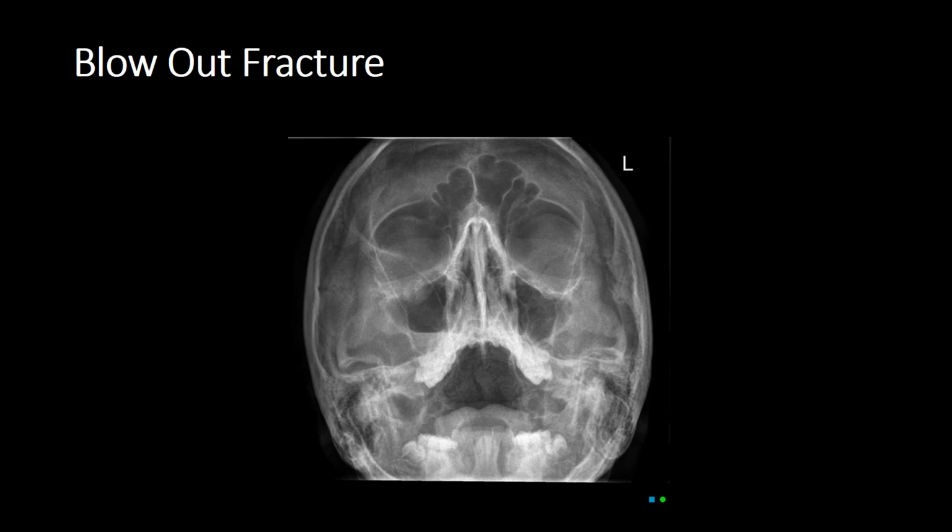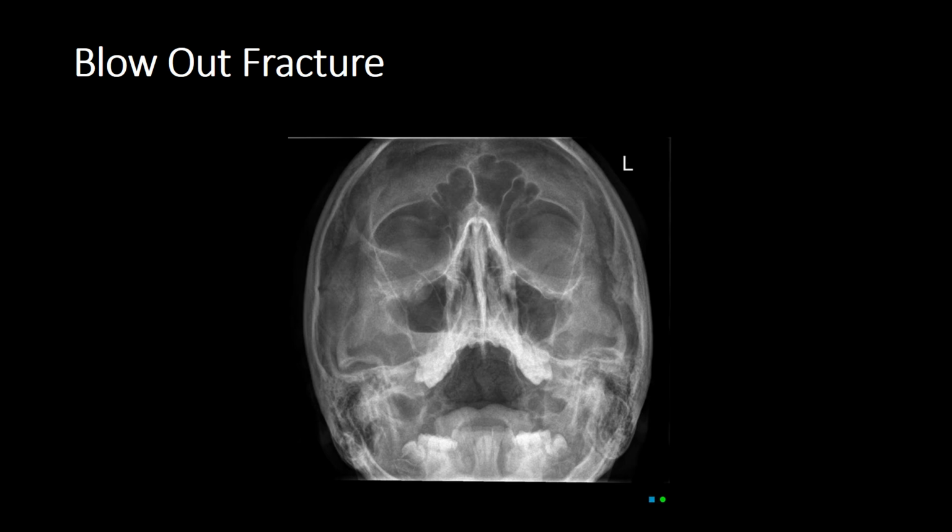Blowout fractures. So as I've said before, the blowout fracture occurs to the orbital floor. What happens with this particular injury is that generally people sustain a direct blow to the orbit.